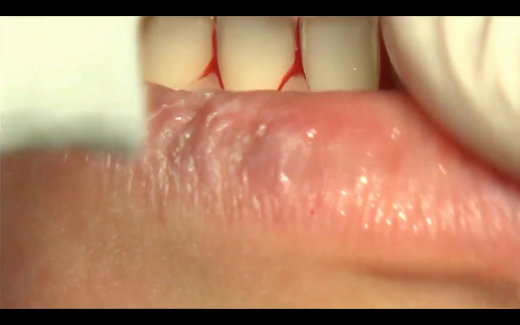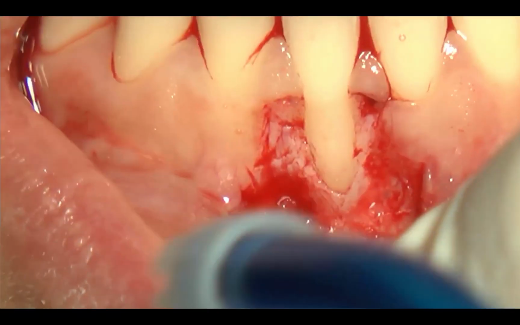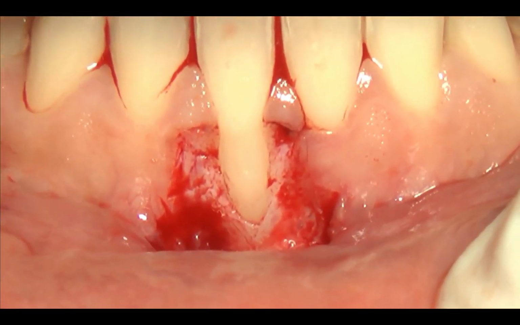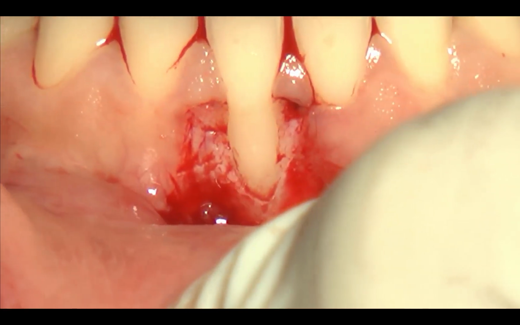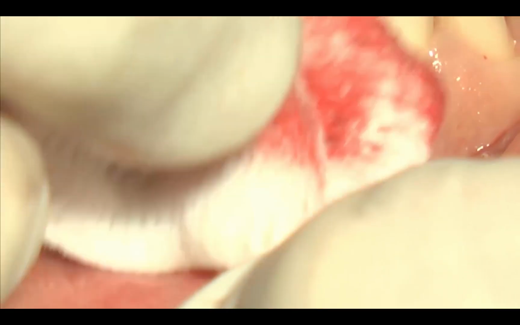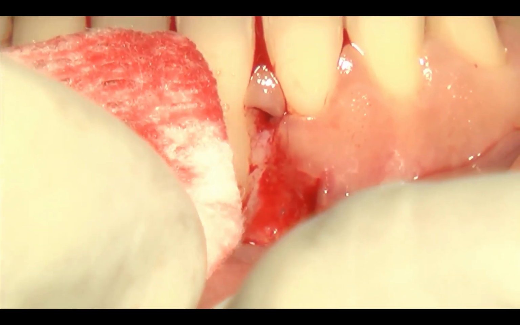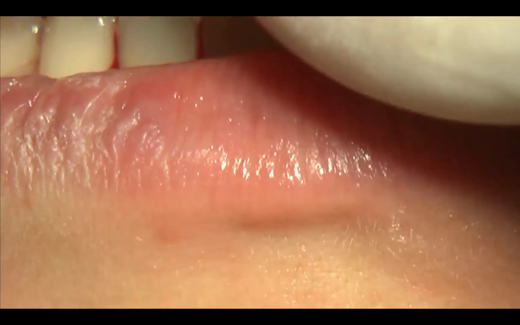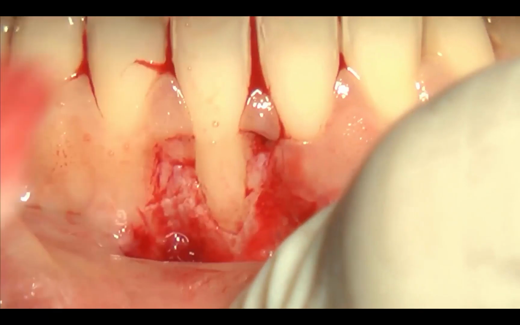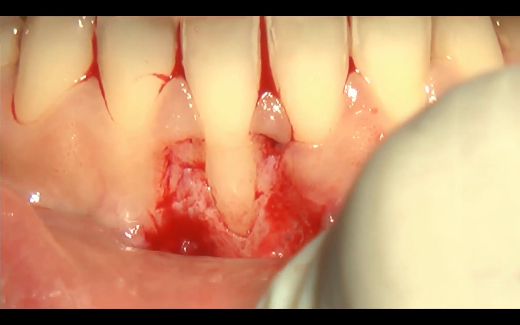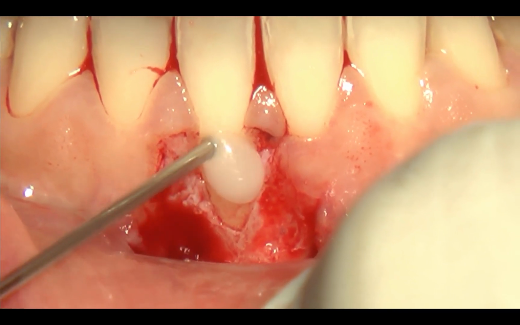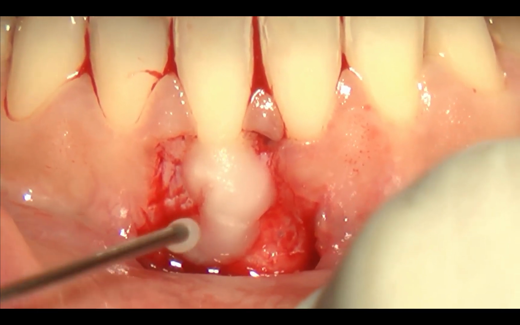Now we can see the area with very good control of the bleeding because of the removal of the muscles and fatty and submucosal tissue. Now it's time for EDTA gel, which is applied on the root for 2 minutes.